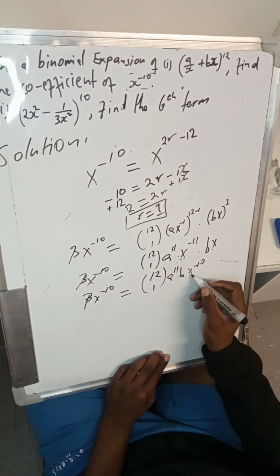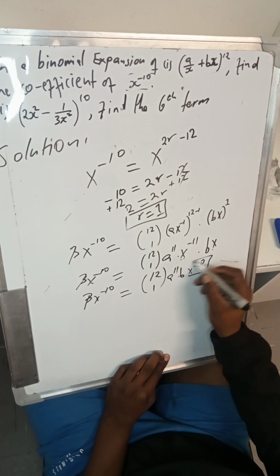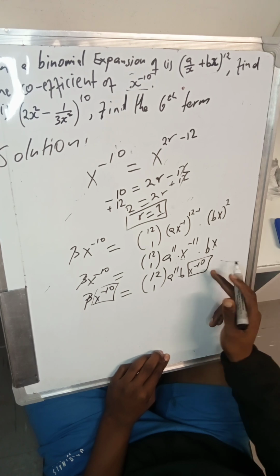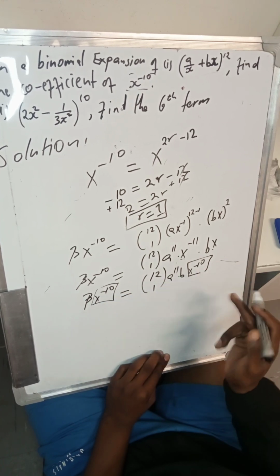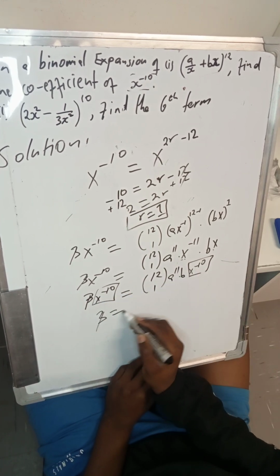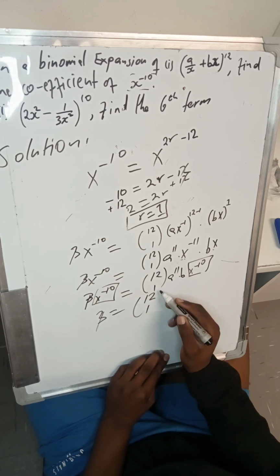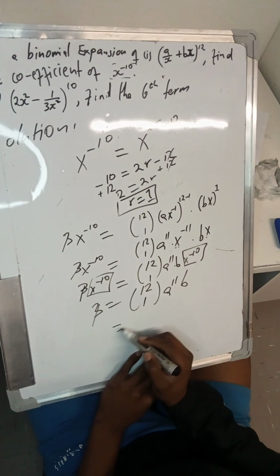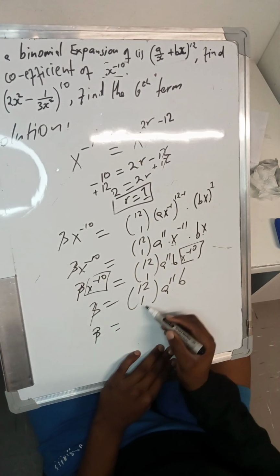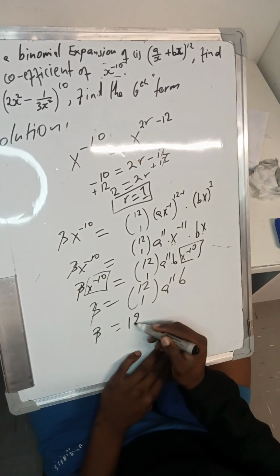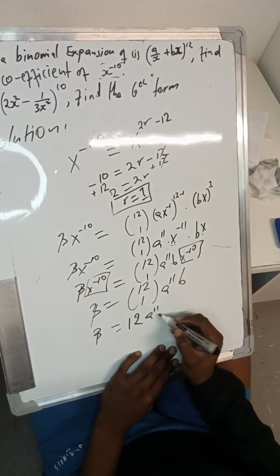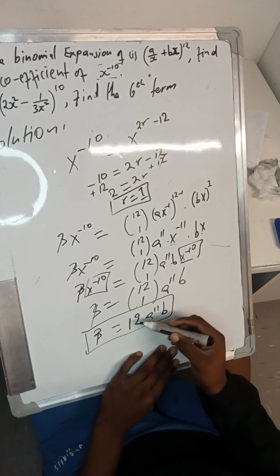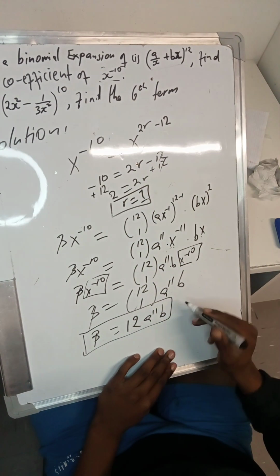So we can simply drop these two, or divide by this guy on both sides. Then our beta is equal to 12 choose 1 a to the 11 times b, which is 12 a to the 11 times b. Therefore, the coefficient of this term is this.